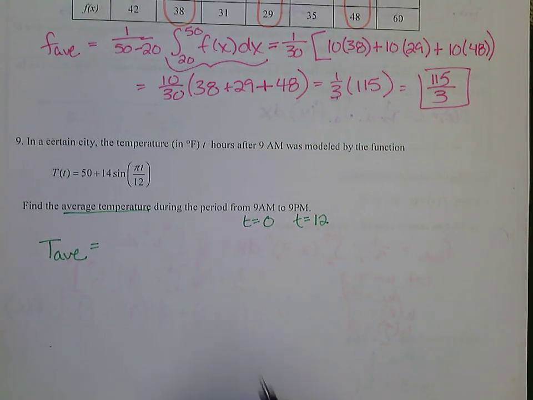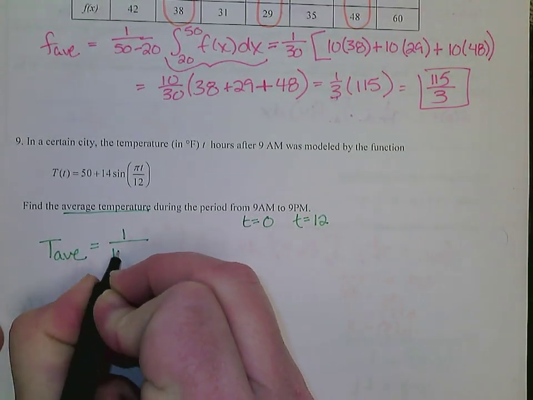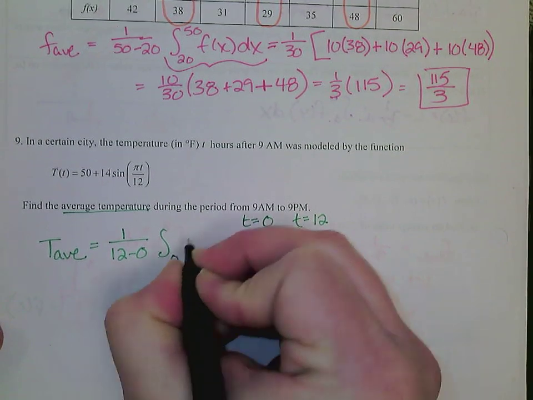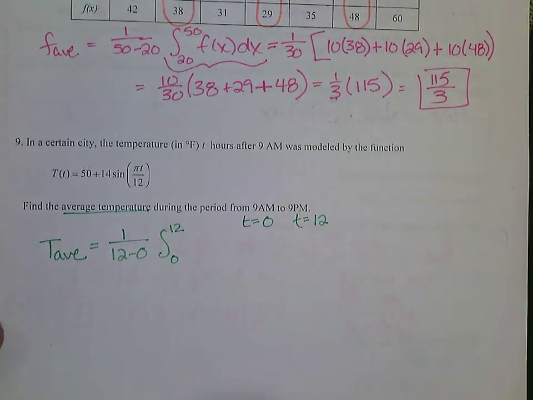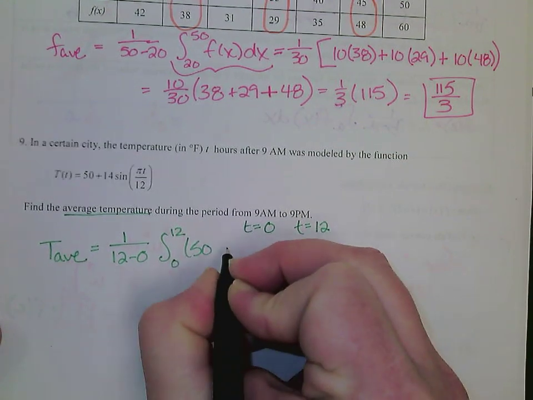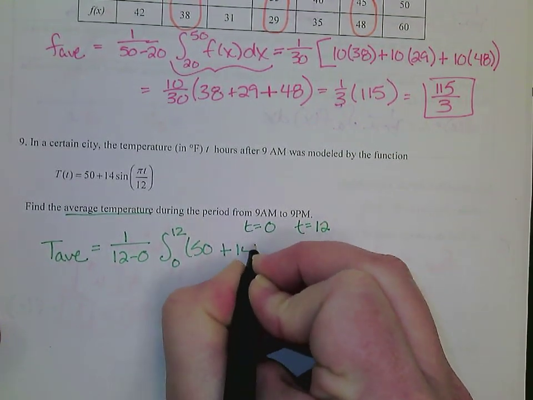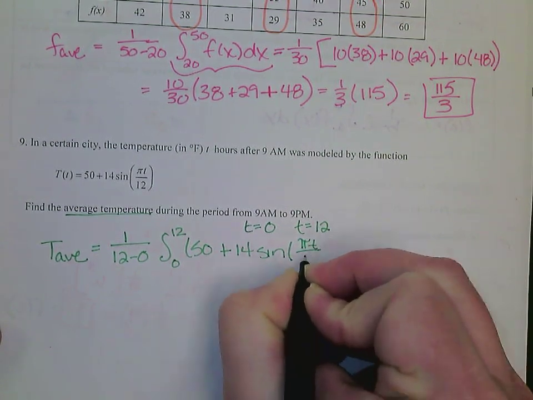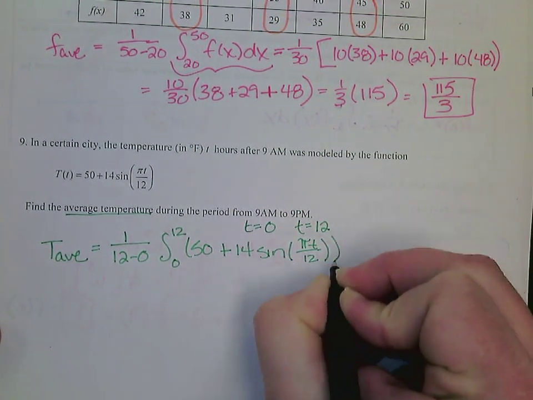Which is 1 over 12 minus 0 times the integral from 0 to 12 of our temperature function, 50 plus 14 sine of pi t divided by 12, dt.